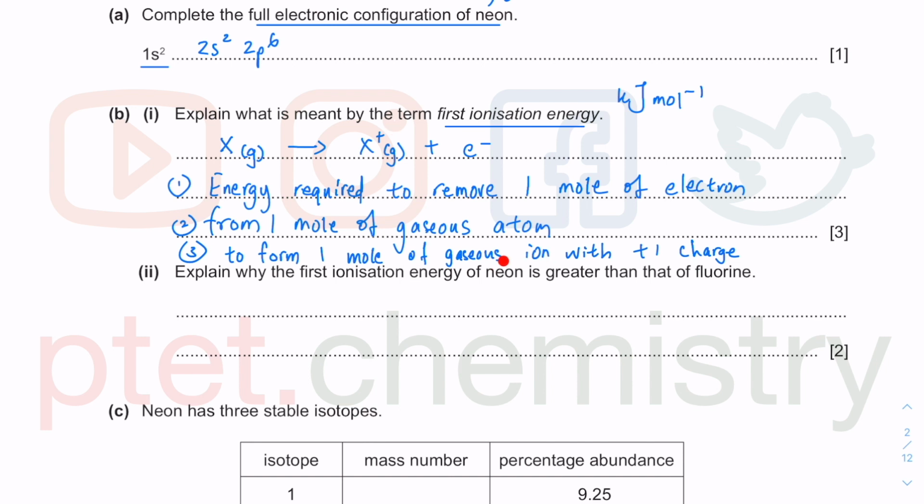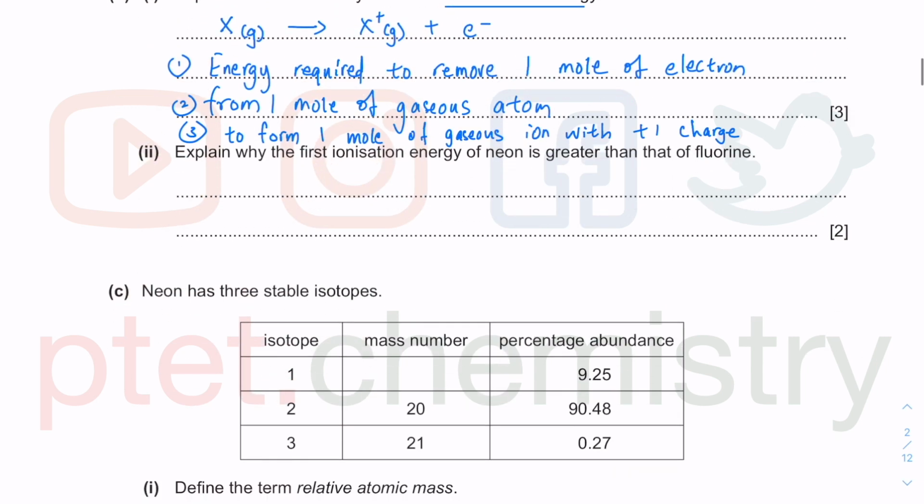They can talk about singly positively charged gaseous ions. I simply choose to use simpler language, easier to understand. Gaseous, ions, +1 charge. That's it. I'm just defining based on the equation and there's nothing wrong with it. You cannot fault an answer like this as well as any answers from a textbook. They all mean the same thing.